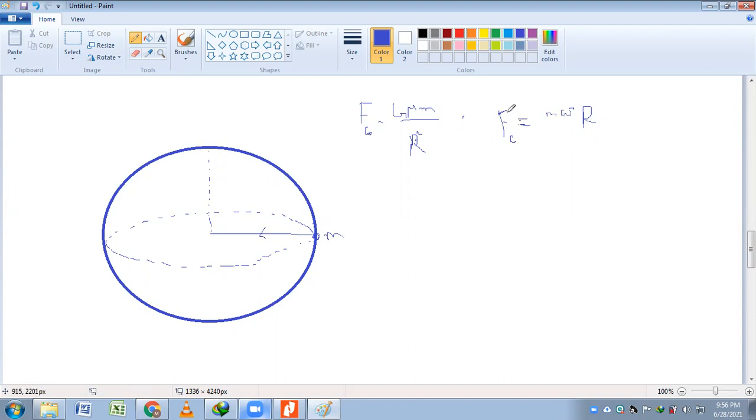That's why I'm preferring to write this Fc expression as m omega square r rather than m v square by r, because if I wrote v square by r, I would have to take into account the change of v for my upcoming calculations as well. Do you understand my point here? Why omega and why not v for this expression?